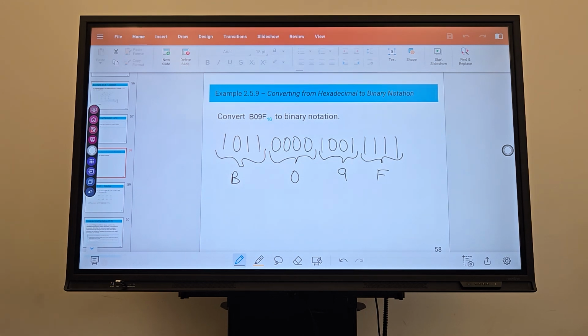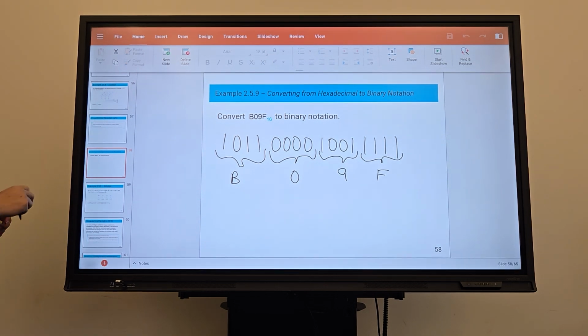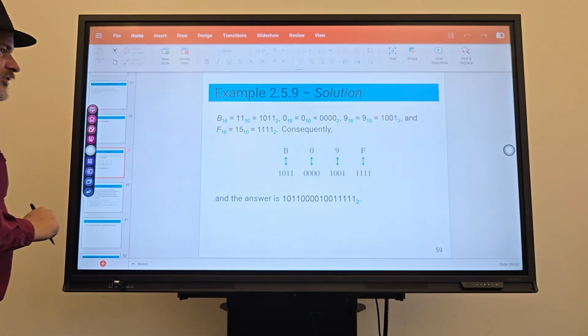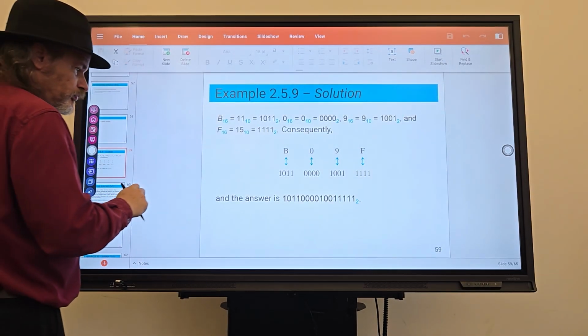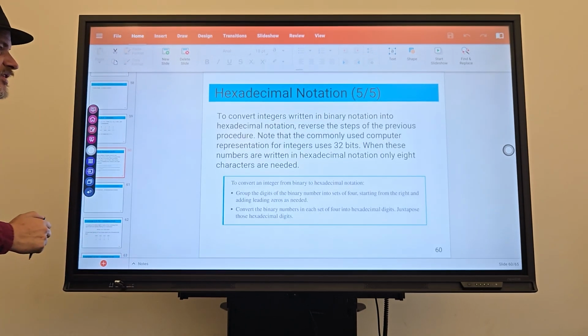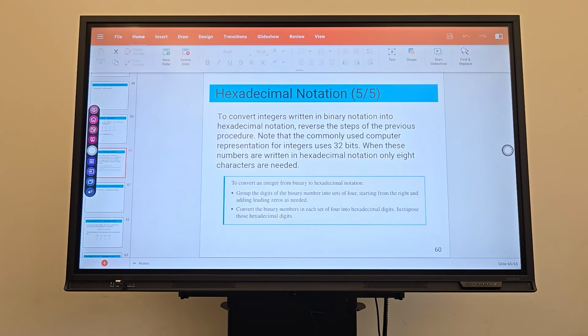So writing large numbers in hexadecimal is more efficient. So there you go. Converting an integer from binary to hexadecimal is basically the same thing.